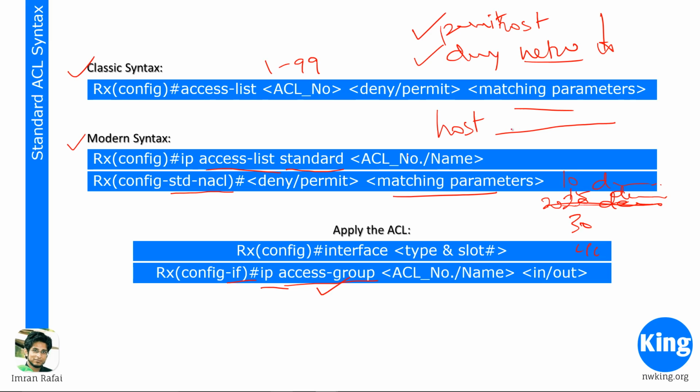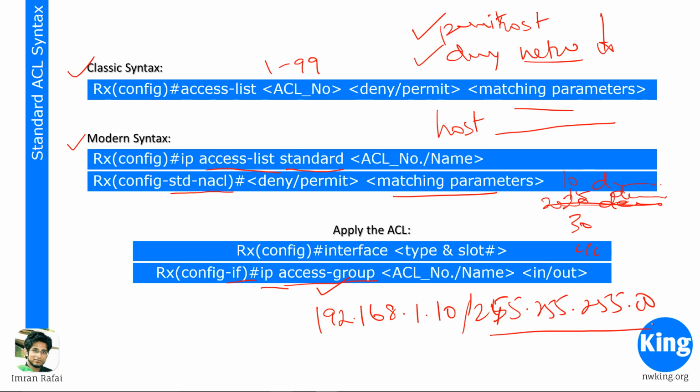The next thing that you can give is the IP address itself. So you can say 192.168.1.10, right? And let's assume this is a /24 network. So /24 has a subnet mask of 255.255.255.0, right?